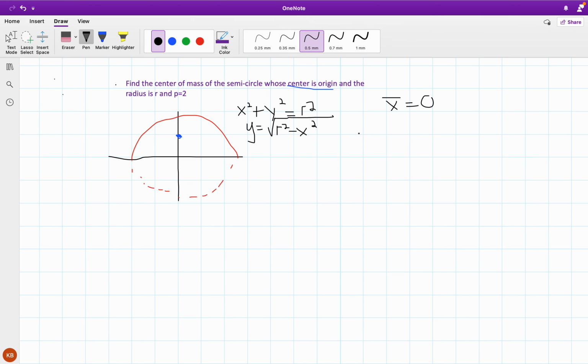To find the y-coordinate, however, we need to use the formula that the center of mass coordinate y will equal 1 over the area times the integral from b to a of 1 over 2 f of x squared.